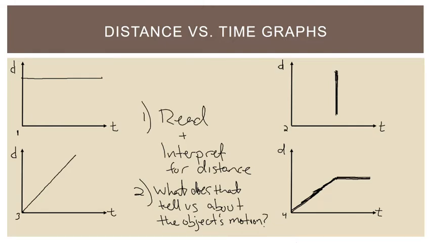And I think looking at that graph, it's pretty clear that the answer is as the time increases, the distance remains constant. And so the question is, what does that really tell us about the object? If the object has a constant distance, what does that mean?